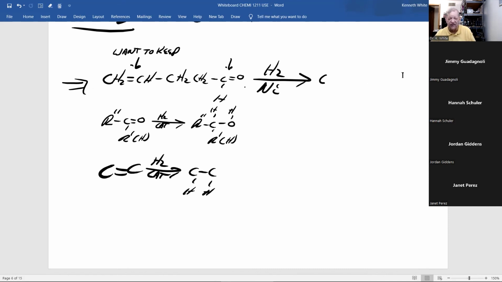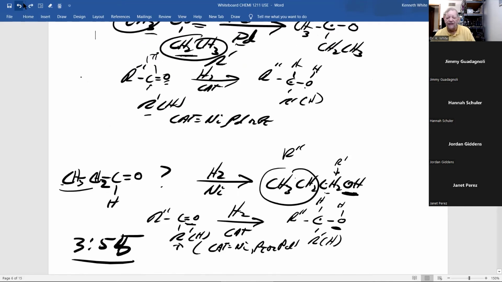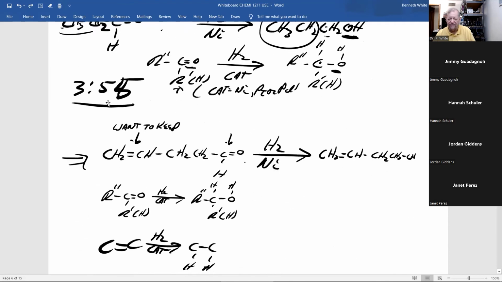First of all, you could get this happening where the double bond is not affected, and you'll make this alcohol.